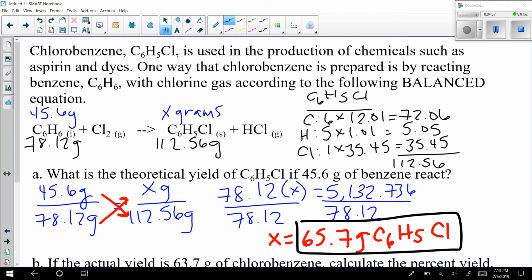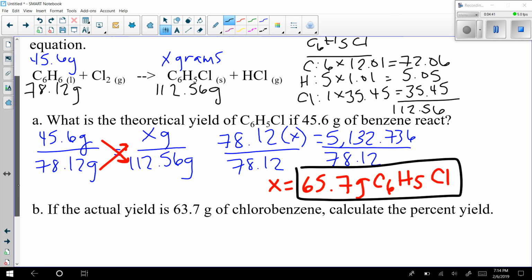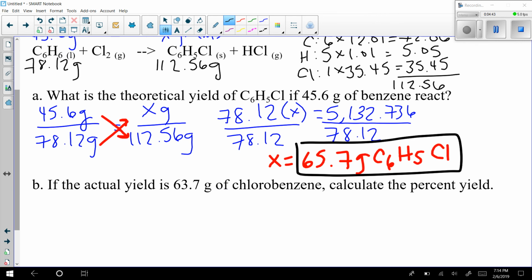Now, once we find our theoretical yield, we can then calculate our percent yield, which is what we're going to do next. So our question B says, if the actual yield is 63.7 grams of chlorobenzene, calculate the percent yield. Now, remember, our formula for percent yield is actual over theoretical times 100.